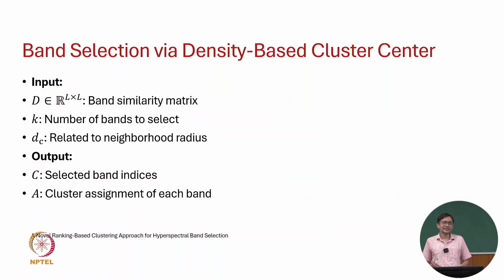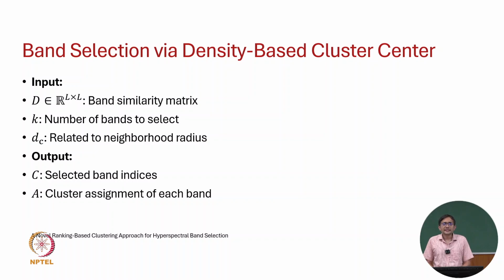So the 100 bands that have been selected, let's say 100 out of 230, if we go by that particular number that we have been taking again and again in this particular class, that will be in the C. And then A is the cluster assignment of each band, not just those 100. Like 100, of course, they are assigned to themselves. The remaining 130 bands as well are assigned to one of these 100 bands.